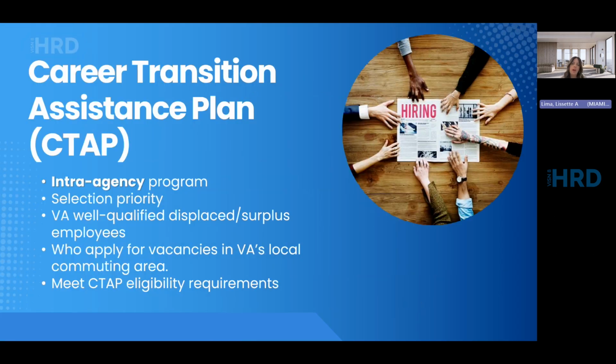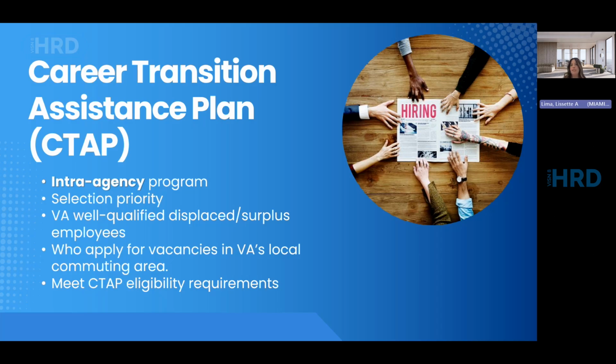Okay, so now that we covered those definitions, again, you're going to hear them throughout this presentation. I'll go into the career transition assistance plan. This is intra-agency, meaning within VA. Again, it's considering the well-qualified displaced and/or surplus employees who apply for vacancies in the local commuting area and meet the eligibility.